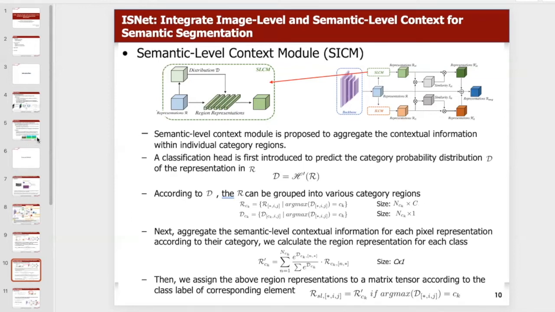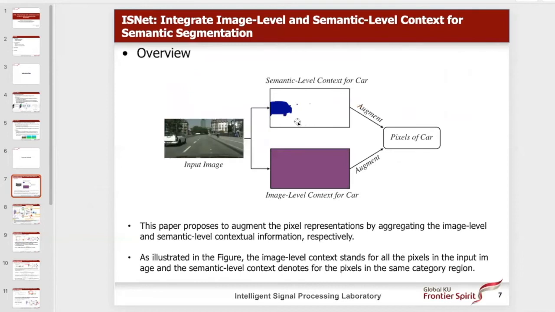And I'm going to show you an example. For example, for the category of car, we will assign a value for this region. And this just shows one category.